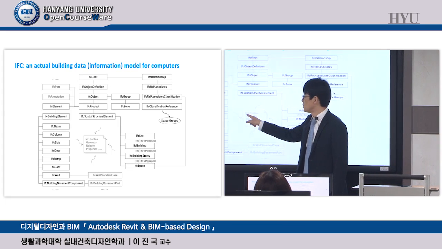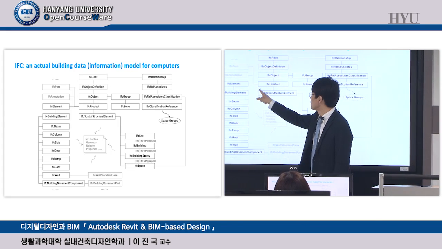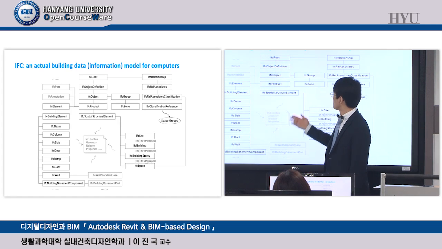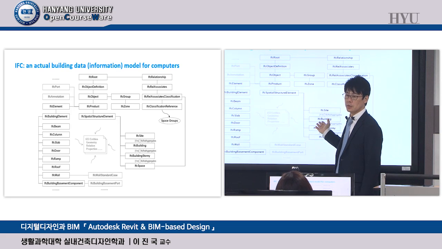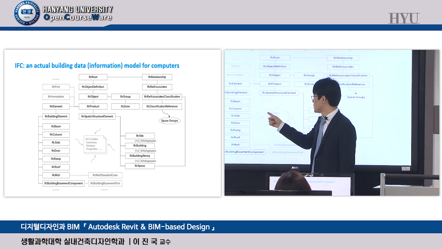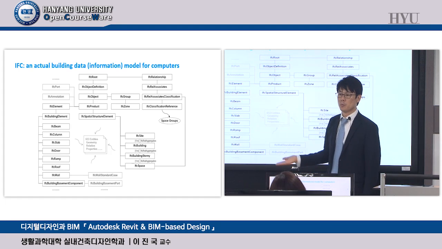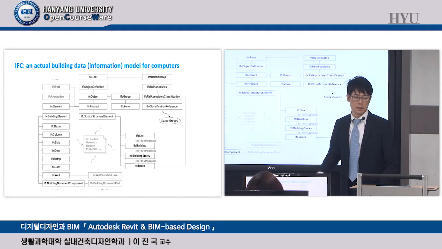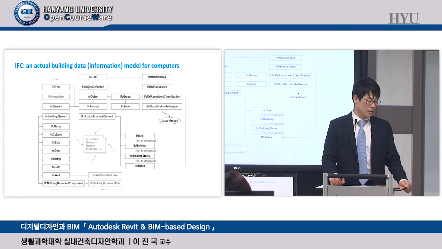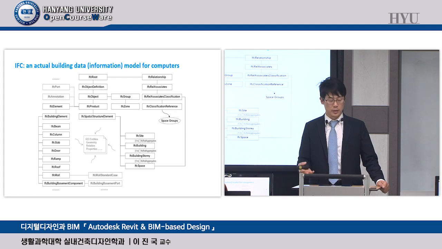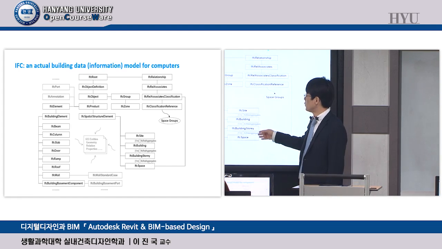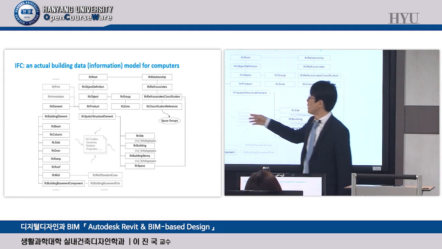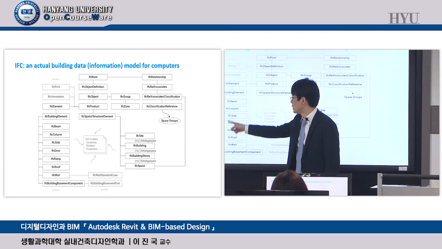A total of 653 entities. An entity means one single rectangle box here. Those are just my example, okay? Just 20 entities listed. How about 610 more boxes, entities? They are all about buildings in a very complicated data structure defined in a computational model for buildings. Anyway, my point was IFC site, building, building story, space, space group, element, building element, and building structure.